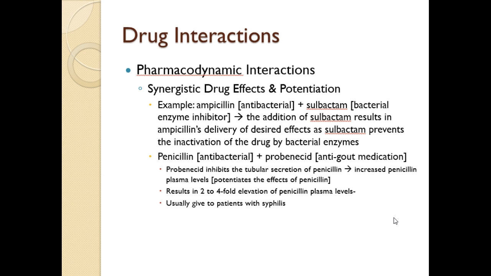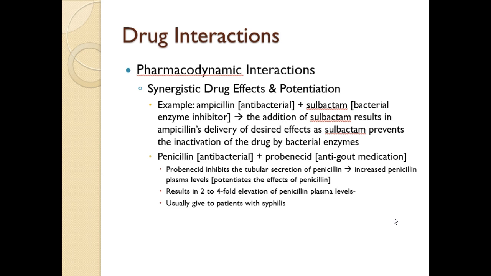Another one is penicillin, another antibacterial drug. In some cases, if you want a stronger and long-lasting effect of penicillin, such as in the case of syphilis, some providers would add probenecid, which is weird because it's an anti-gout medication.